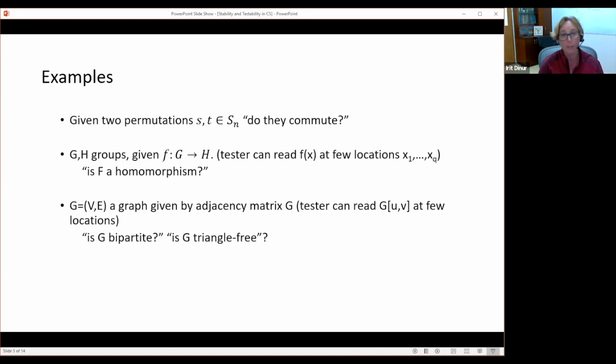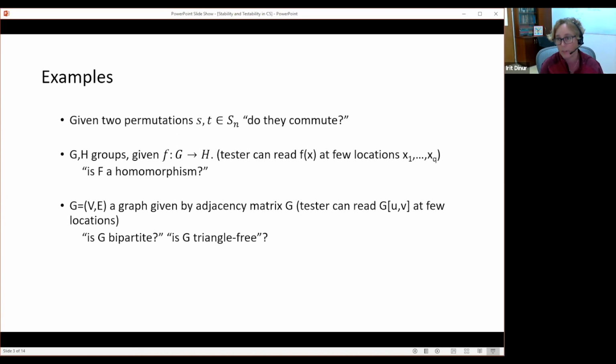And a very large field is the more combinatorial property testing, mostly dealing with graphs. So here is an example. The input object here is a graph. You think of it as being given by an adjacency matrix. And the tester is not going to read the entire graph. It's going to read just a couple of edges maybe. And some questions you can try to understand is, does this graph have some graph properties?